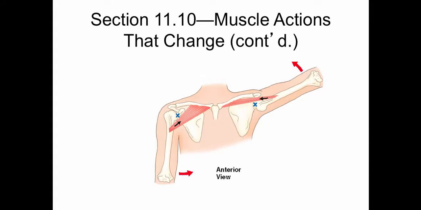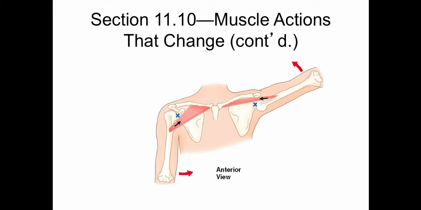One example of a muscle that exhibits this phenomenon is the clavicular head of the pectoralis major. This slide shows the orientation of the fibers of this muscle relative to the shoulder joint when the shoulder joint is in two different positions. The clavicular head of the pectoralis major is considered to be an adductor of the arm at the shoulder joint because the muscle's line of pull is from lateral to medial below the center of the shoulder joint.